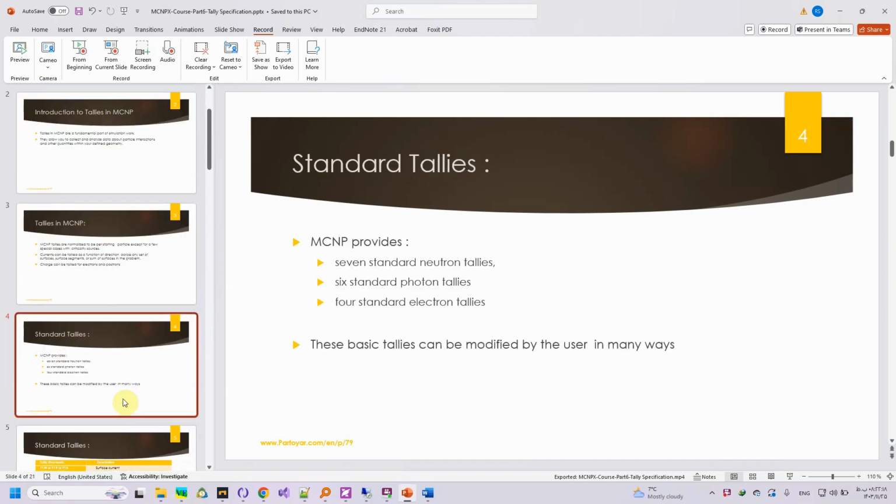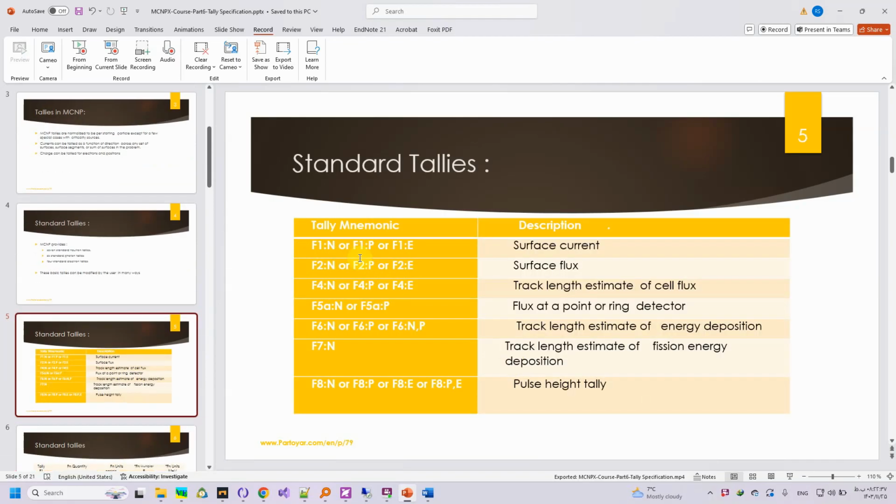The standard tallies in MCNP are seven tallies that we can use, all of them with neutrons, six of them with photons, and four tallies with electrons. Here is a list of tallies and their usage.